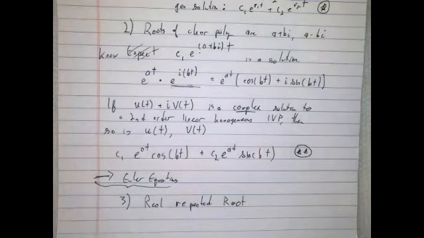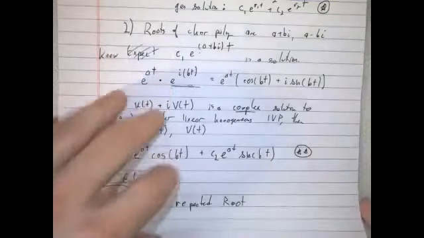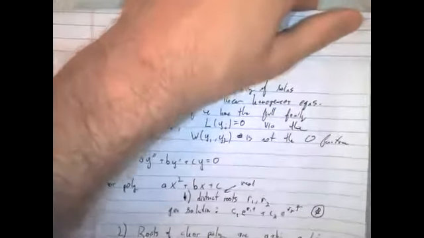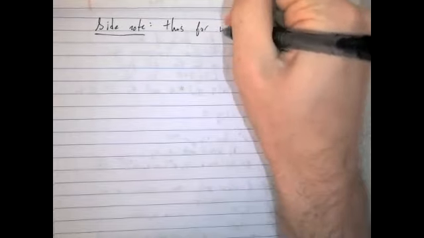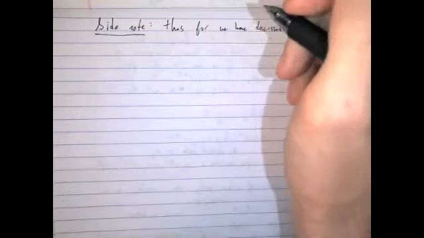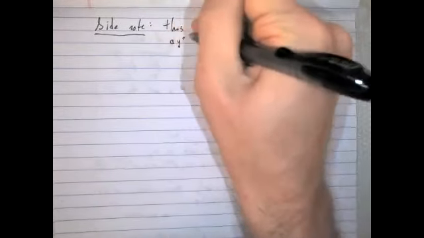So let's get into it. As a side note, thus far, we have really only discussed concretely second order linear homogeneous differential equations of the form a y double prime plus b y prime plus c y is equal to 0, right?